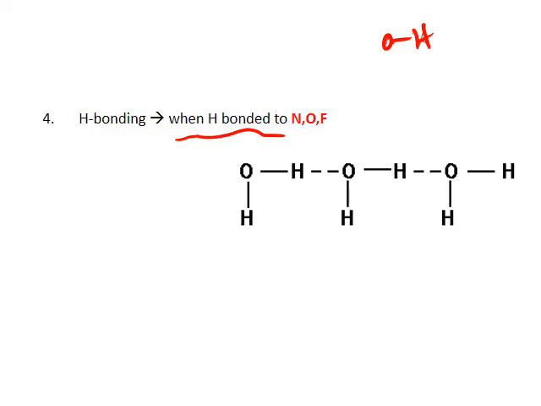And you can have a number of hydrogen bonds in the liquid or even in the gas phase. Say, for example, with this oxygen also I can have a hydrogen, then oxygen and hydrogen. So anyway, when hydrogen is bonded to nitrogen, oxygen, fluorine, you would expect hydrogen bonding. And this is a strong type of intermolecular force.